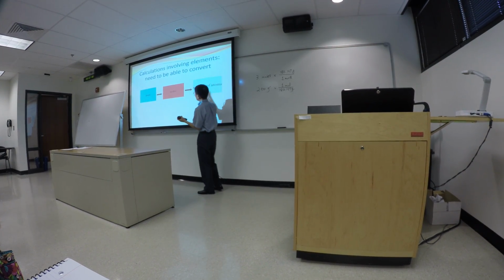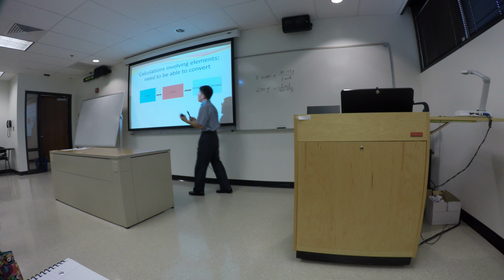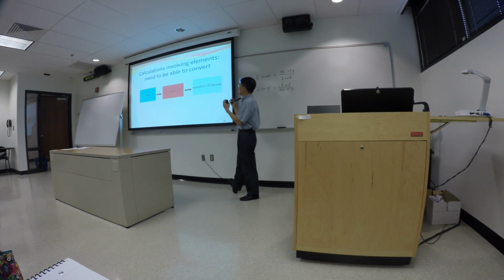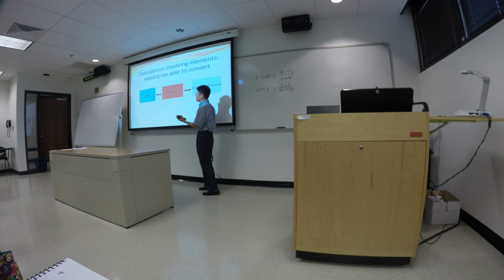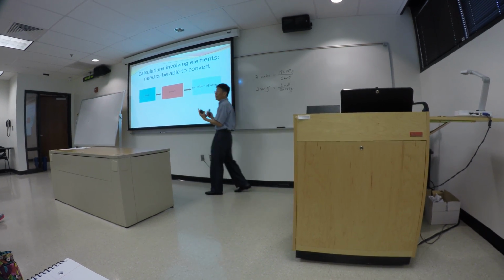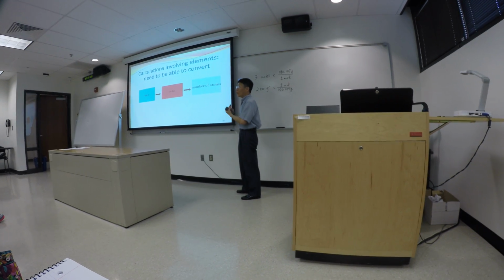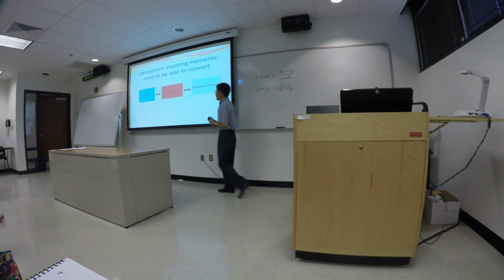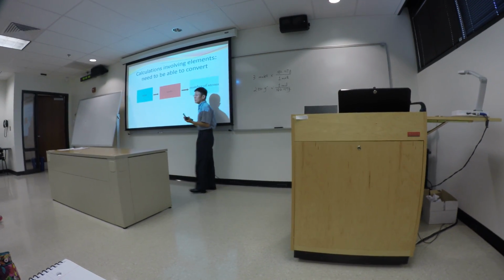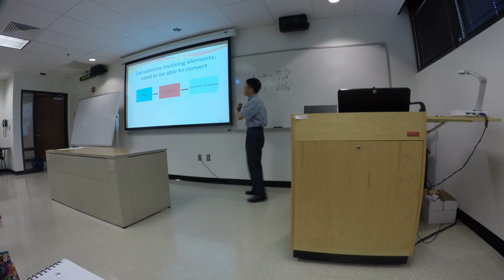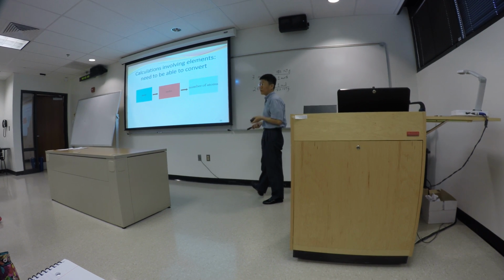So when you are doing calculation involving elements there, be able to convert mass to moles, moles to number of particles there, or the other way around. Given the number of particles there, you can figure out how many moles there, because each mole has the same number of particles, no matter what kind of substance you're talking about. And using the periodic table, you can convert moles into mass. So going from left to right to left, you need to be able to do these kind of calculations.